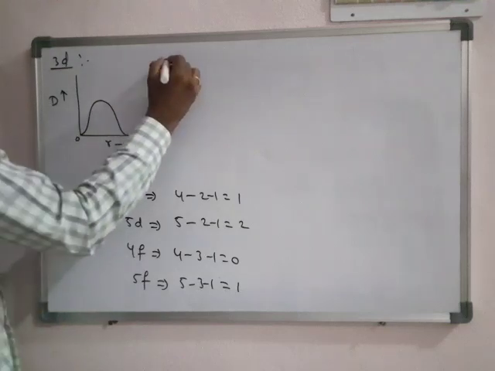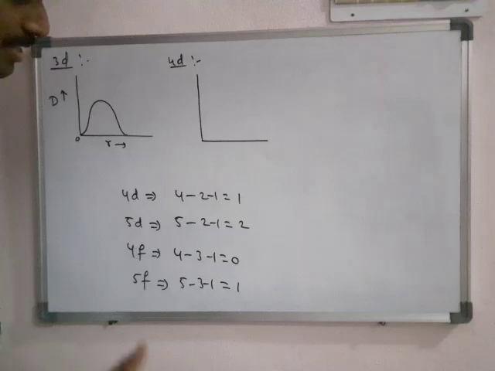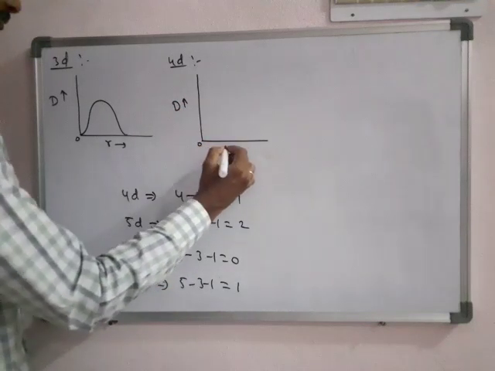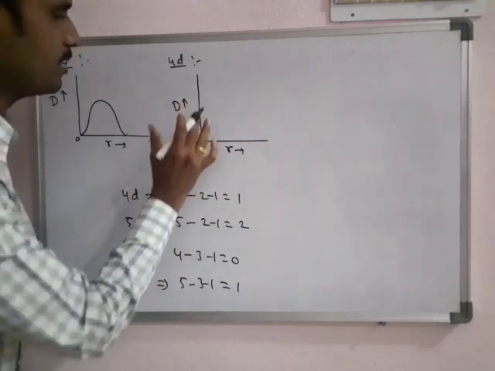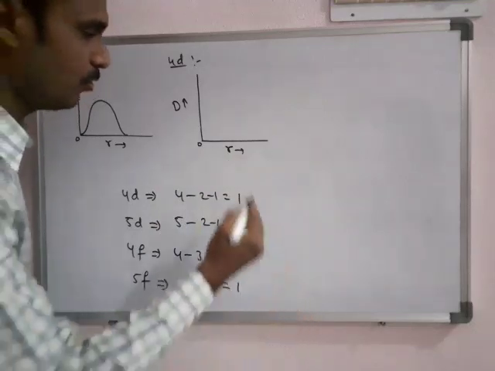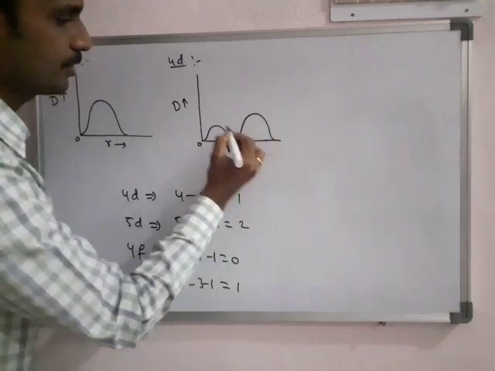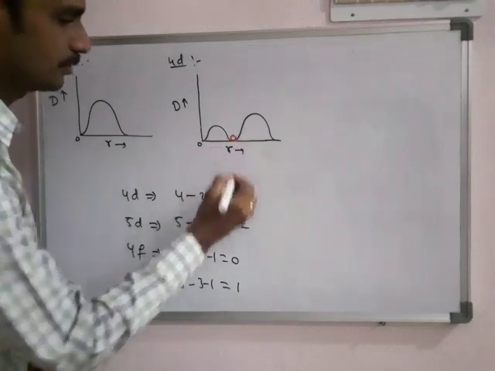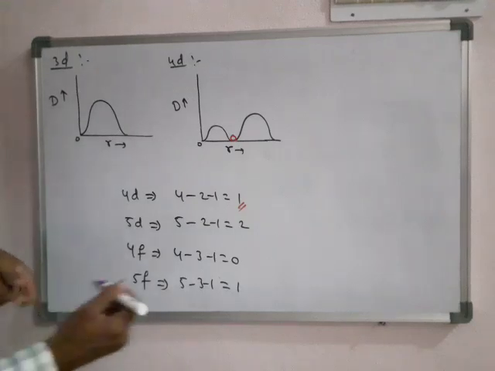See for 4d, the electron is present in 4d. For 4d, after 3d is complete, 4d comes. So 3d, 4d: 1 radial node. In the same way we can write it for 5d.